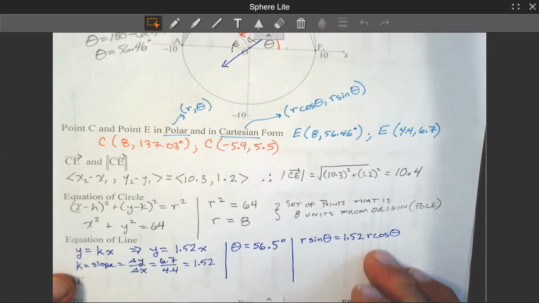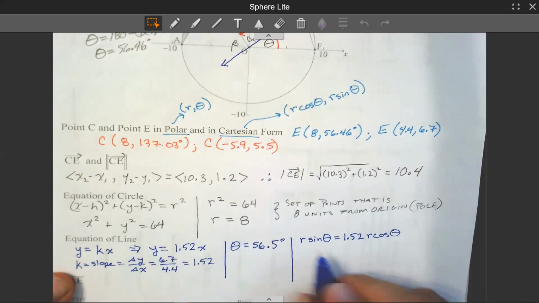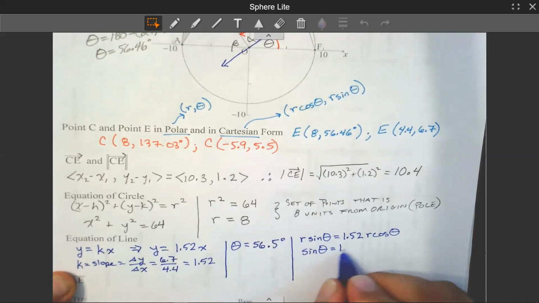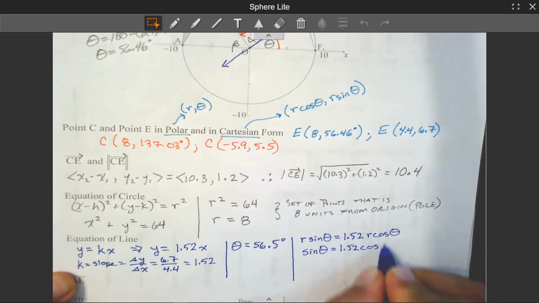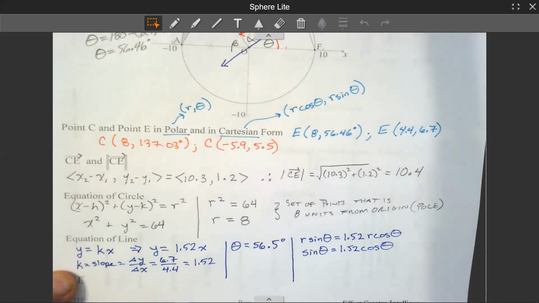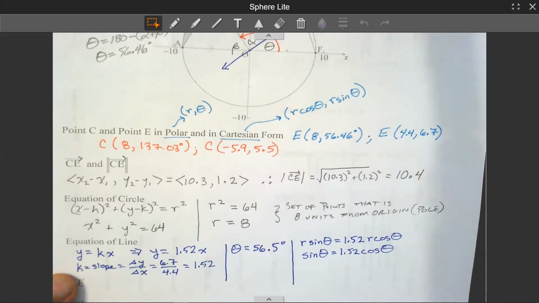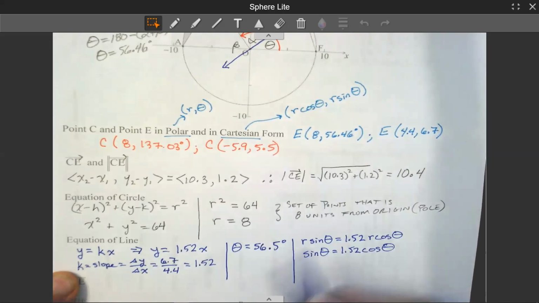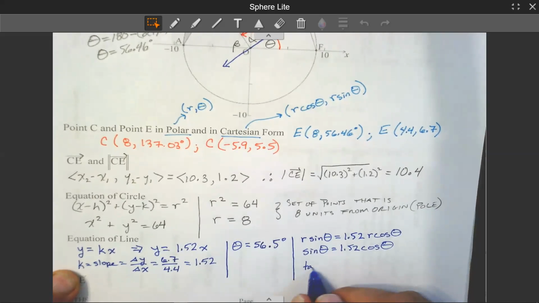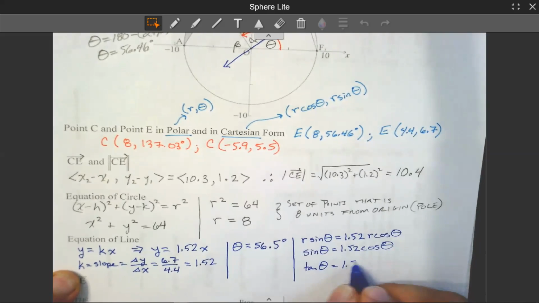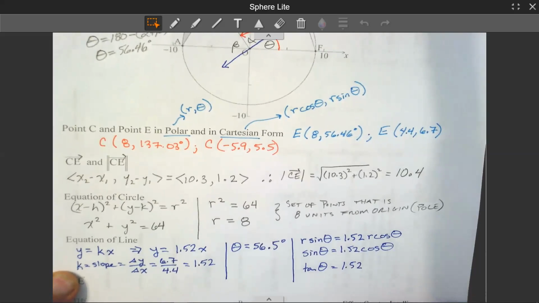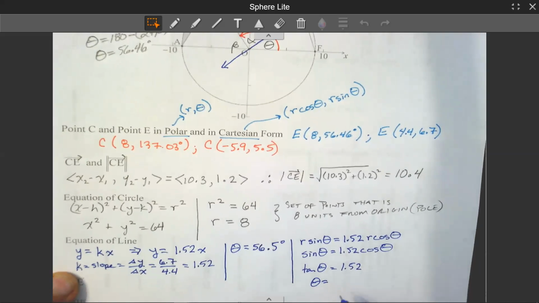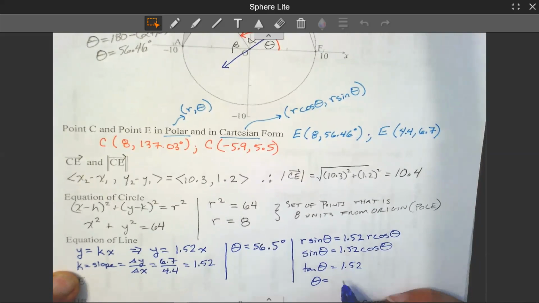So if I cancel those r's, I have sin(theta) = 1.52 cos(theta). In this situation, cos(theta) is not 0, so I can divide, and I could say that tan(theta) is going to equal 1.52.